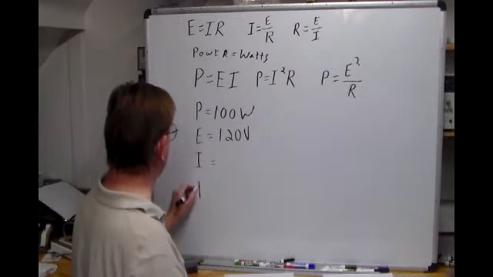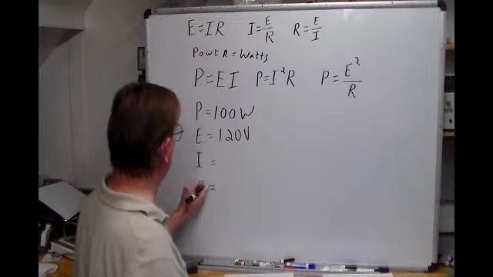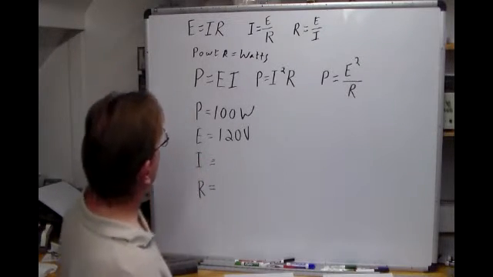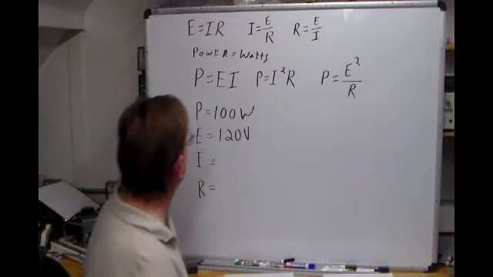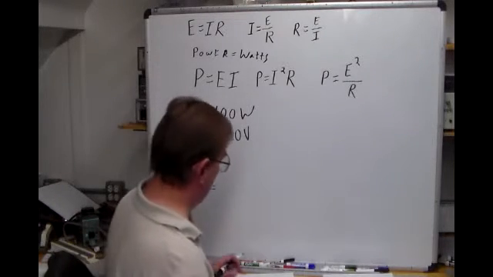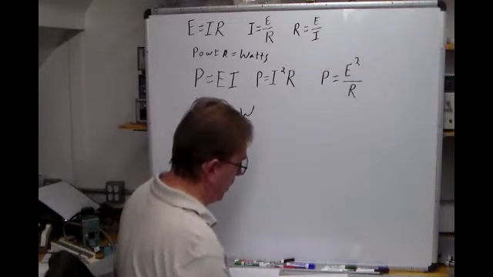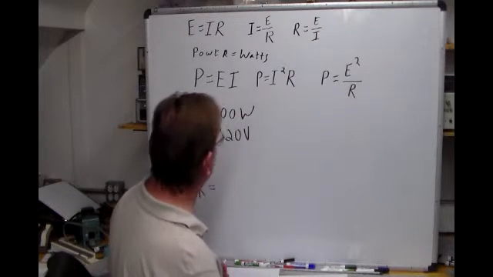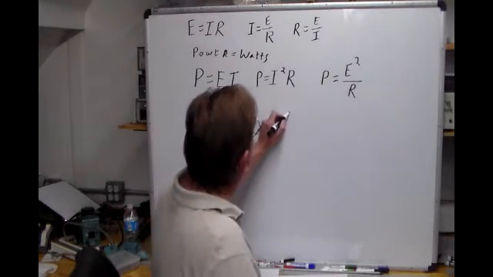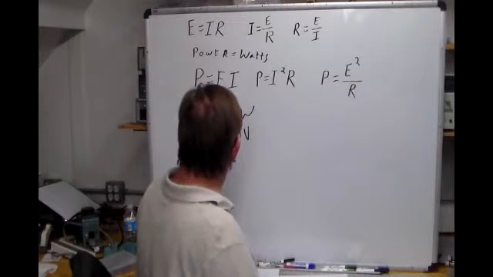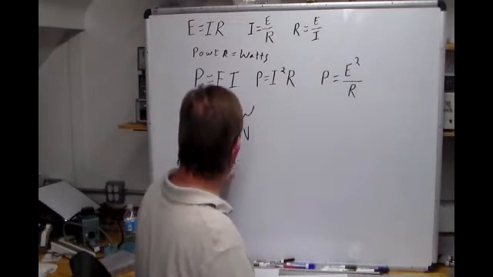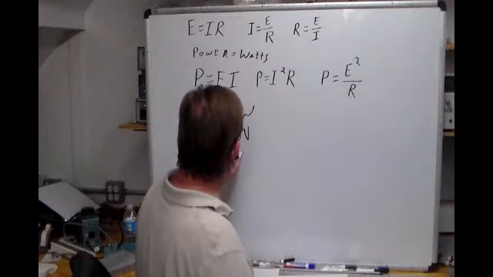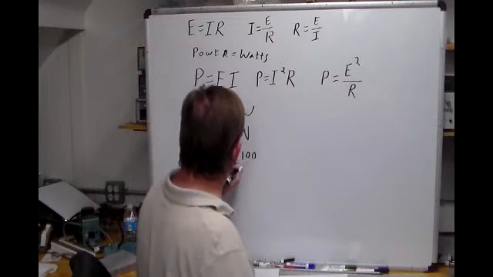What is the resistance equal to? Let's go at the current first. If you look at your cheat sheet, you can see the current is the power over the voltage. So I equals the power over the voltage, and that equals what? 100 watts over 120 volts.